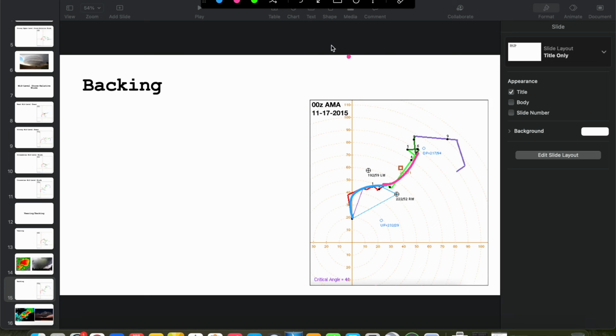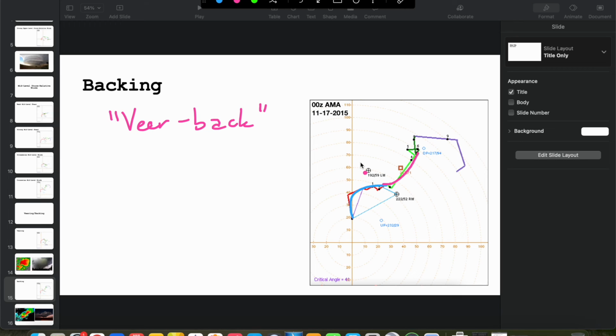And you may have heard of the often dreaded veer-back-veer or veer-back profile, where you have low-level veering of the hodograph, veering of the winds, and then in the mid-levels it backs once again. Now, there's a lot of negative connotations with veer-back-veer. It can create a messy storm mode, etc. And it can maybe wreak havoc on supercell maintenance.